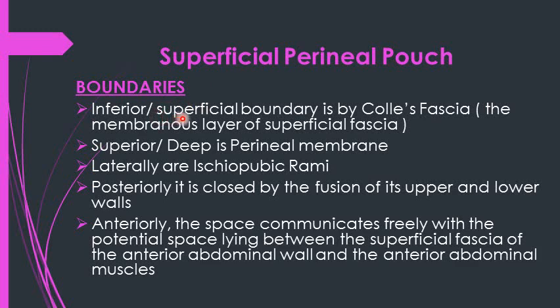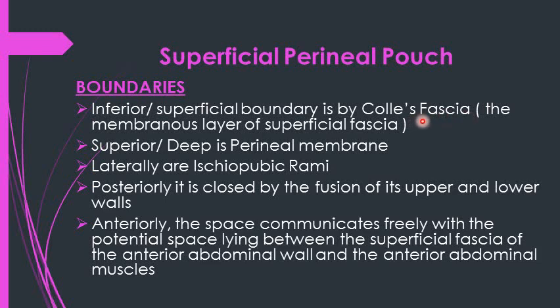If you look into the perineum from the superficial aspect, definitely there is the skin, and then if you approach from the skin, there is the superficial fascia, known in the perineum as Colles fascia. That is the extension of the membranous layer of the superficial fascia into the perineum.